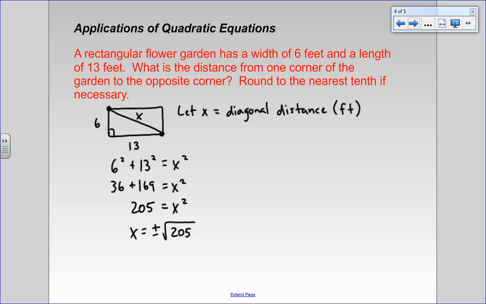That would never be negative. So we can apply the positive solution, which is approximately 14.3. And thus we can answer the question posed in the word problem to say that the distance from one corner to the opposite corner is about 14.3 feet.